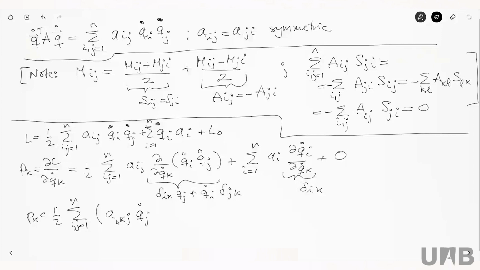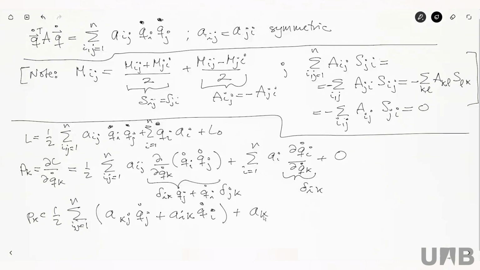So that means that i is exactly k to be non-zero. Plus, and here, the same story, but now for j. So delta jk Aij, that means it's Aik q dot i, plus this sum here, which kills the whole contribution unless i equals k. So this is ak. All right.